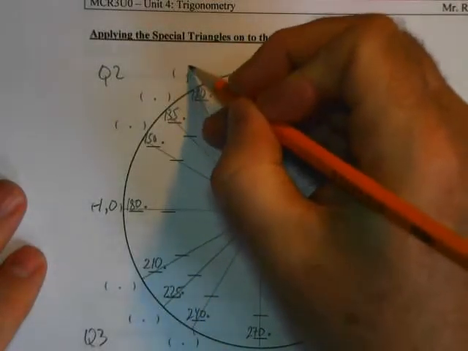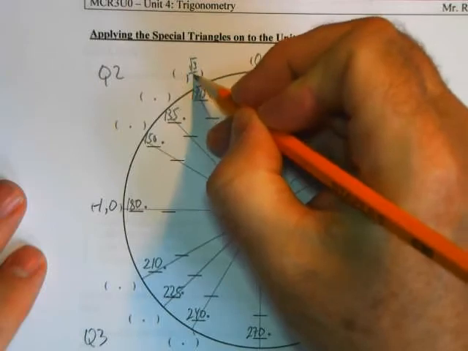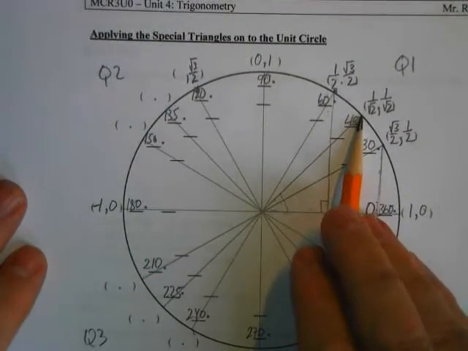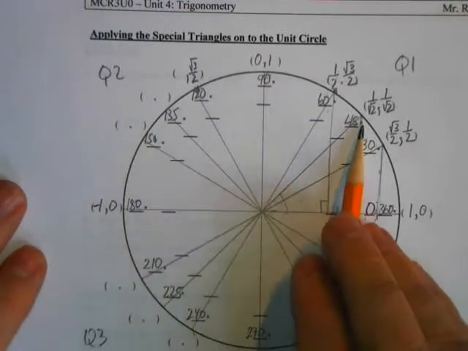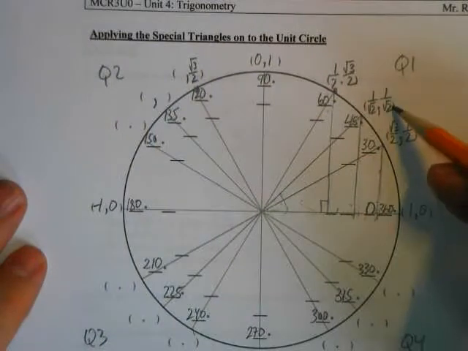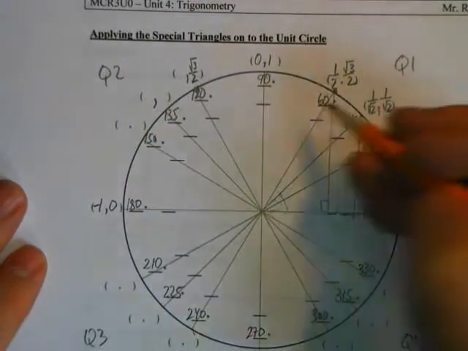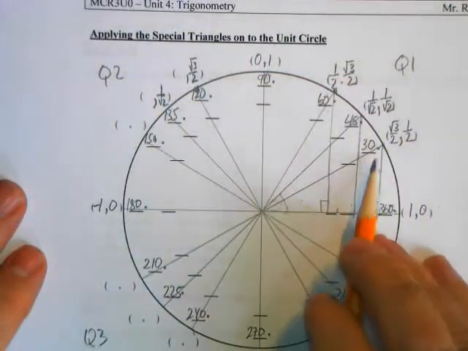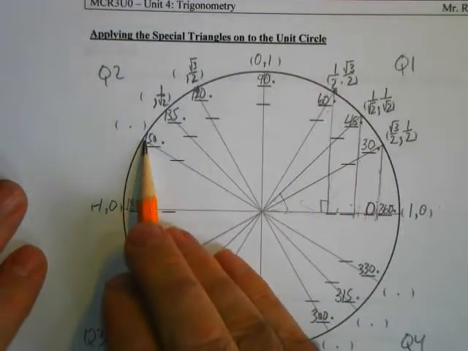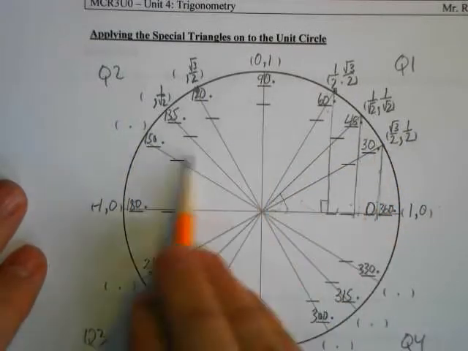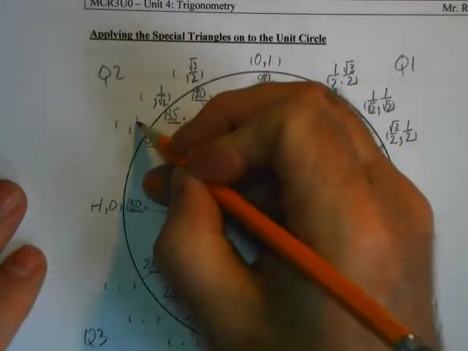So I know the y-coordinate is root 3 over 2. And I can do the same for this. The 45 reflects over to the 135 angle, and I know the y-coordinate is also the same, so that's 1 over root 2. And this 30 degrees reflects over to the 150 point, so the y-coordinate there is 1/2. That's the same over here, so I can put that in as well.